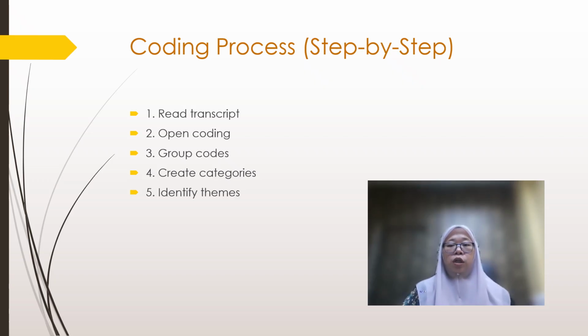The coding process usually follows several clear steps. First, you need to read your transcript thoroughly to understand the participant's story. Second, you need to conduct open coding by labeling words, phrases, or sentences that stand out as meaningful.